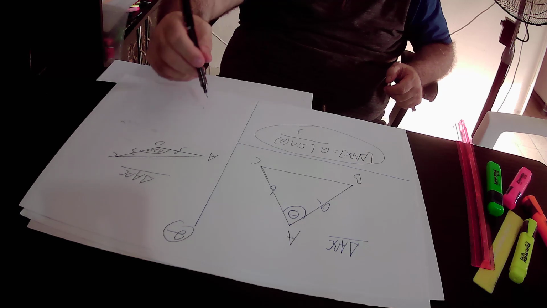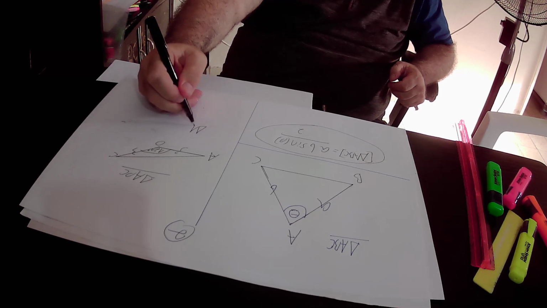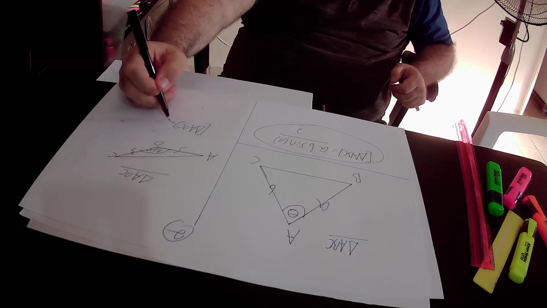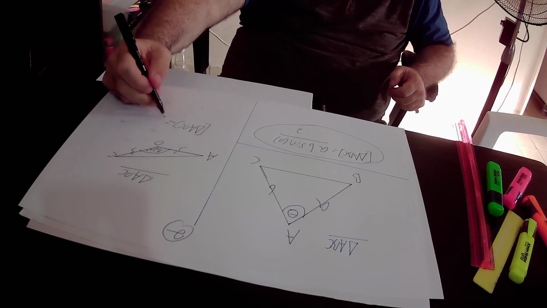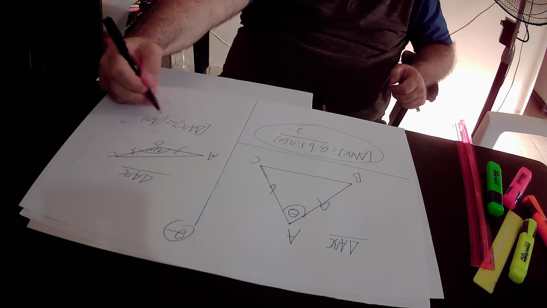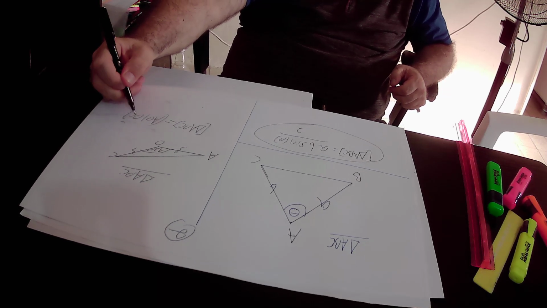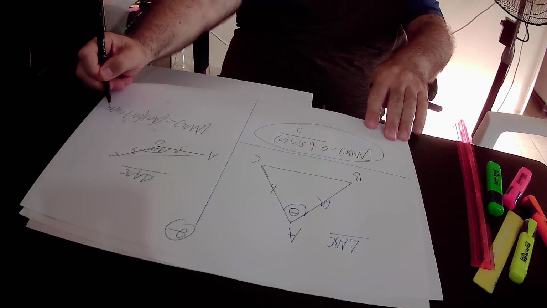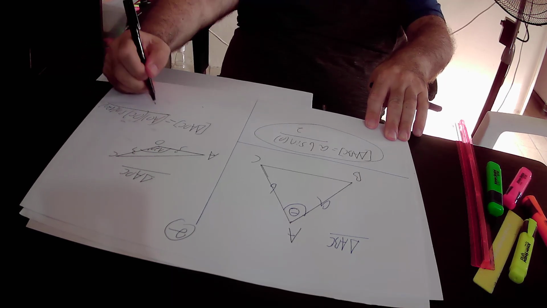According to the new formula, the area of this triangle AOC will be equal to AO times OC times sine 120 degrees over 2.